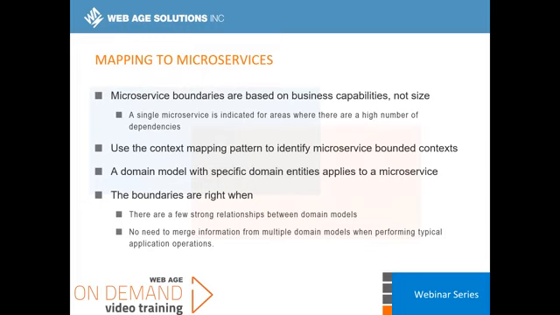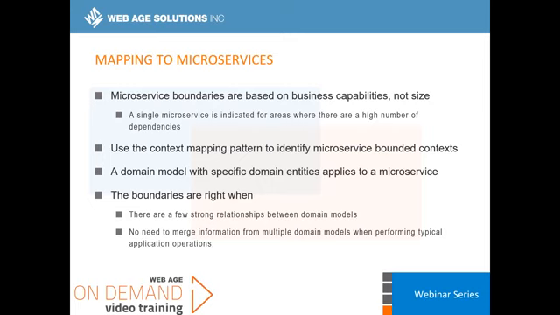Now, this should sound a lot like a bounded context. All the stuff that's a part of that bounded context is related to one another. They have a high number of dependencies inside the bounded context and a small number of dependencies outside of the bounded context. The same thing is true of microservices. So defining that bounded context then allows us to create that microservice implementation.